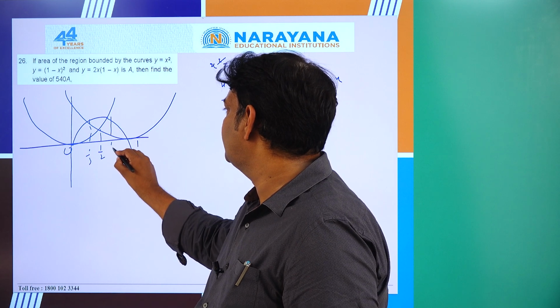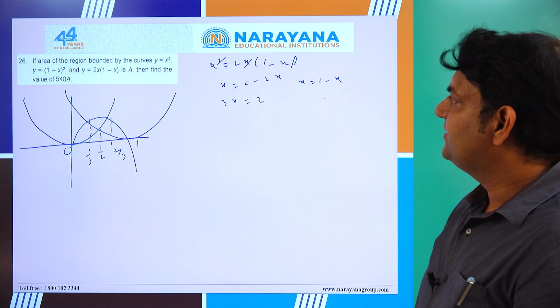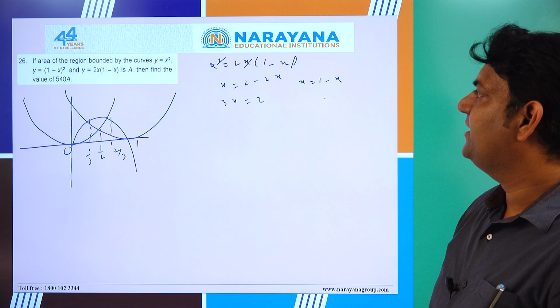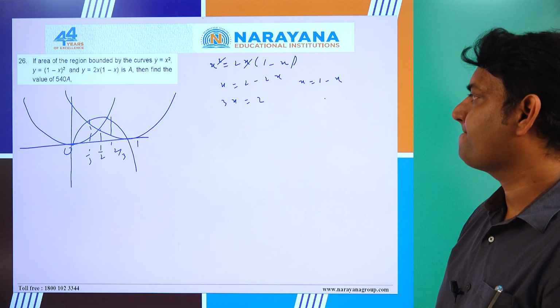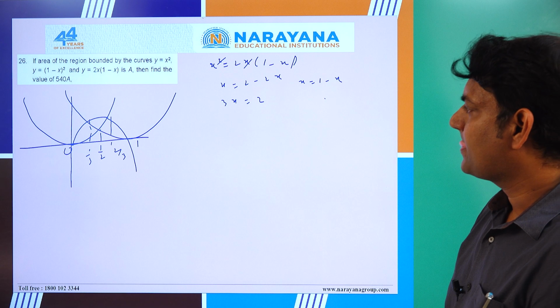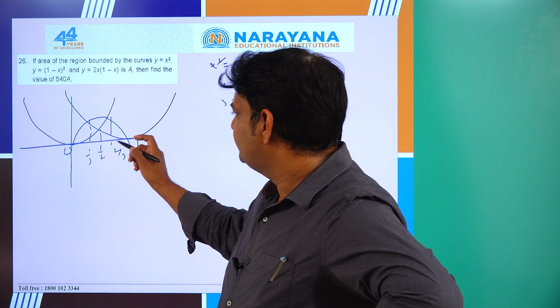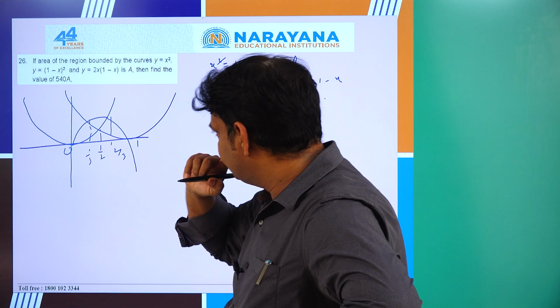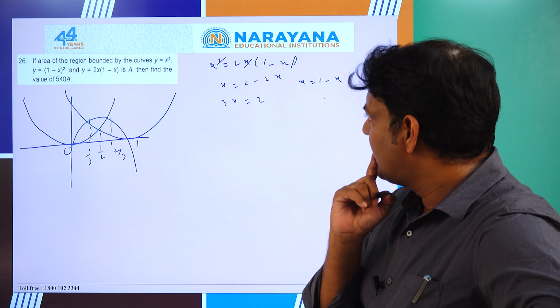This point is your 2/3. You can check it. Now what he will ask you is the area bounded by this and this. These three curves together he mentioned. I think again there is some error in the problem.